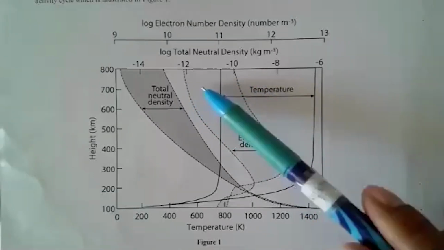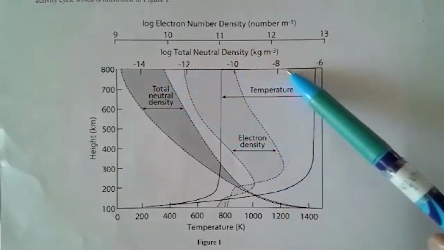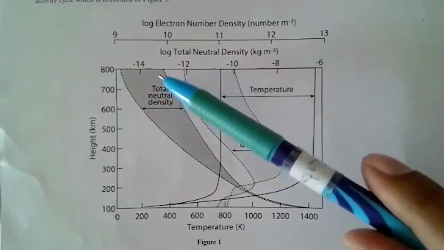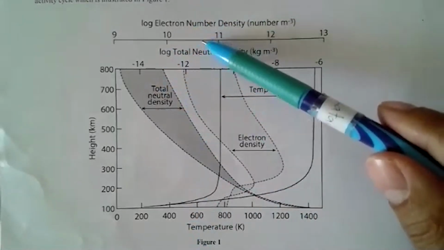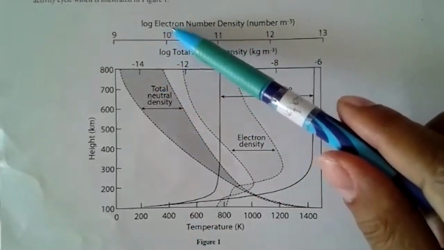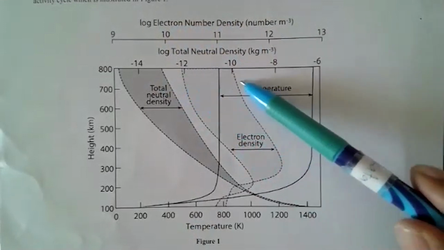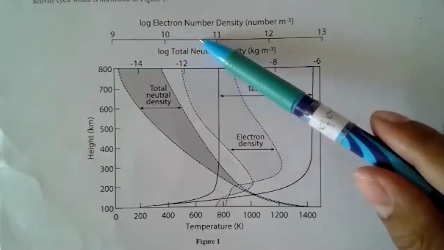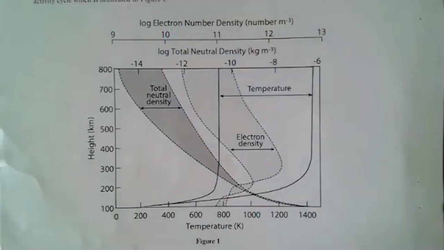And that greatest width of the electron density, understanding that you're not to look at this y-axis. You're to look at this y-axis. The third from the bottom, you're looking at this one because that one has the electron number density. So when you look at the width of this, it is approximately the width of one number in terms of log. That one number in terms of log is famously 10 times.